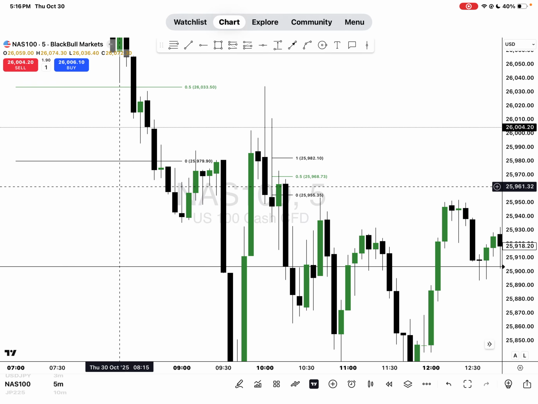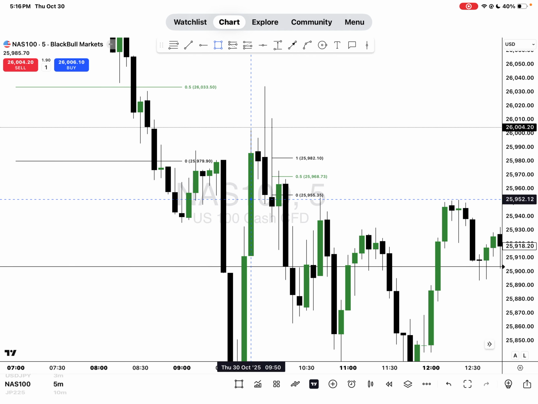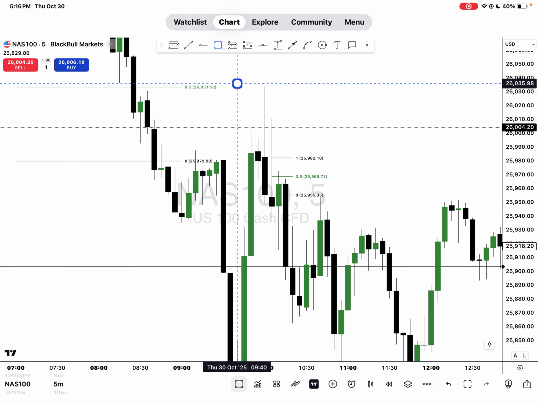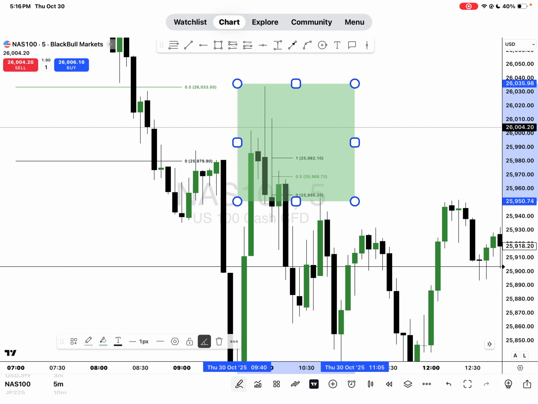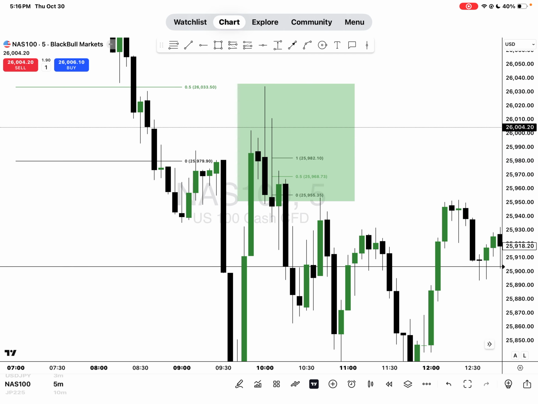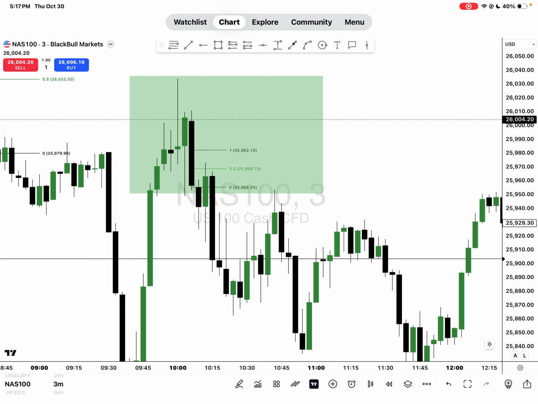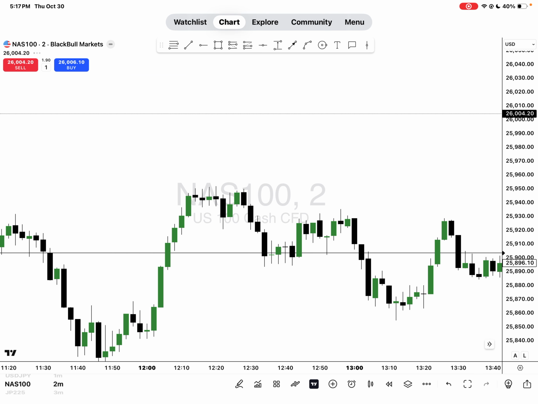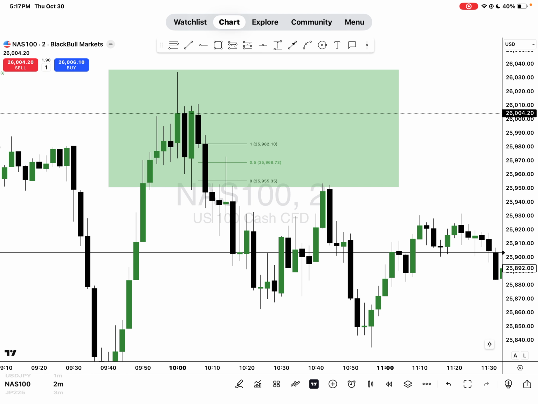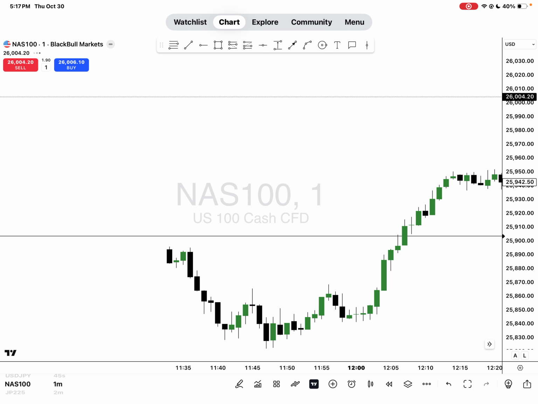All right, and so immediately after, this area right here is what I assessed. So on the 5-minute, there wasn't too much going on. It's way too wicky. I need more resolution. 3-minute, all right, we were getting a little bit clearer. 2-minute, it's a little good, but really what shined was the 1-minute time frame.